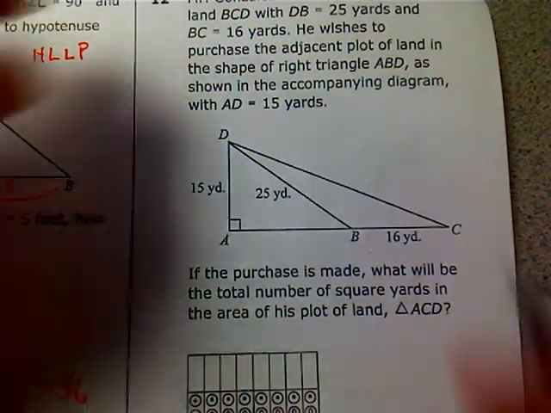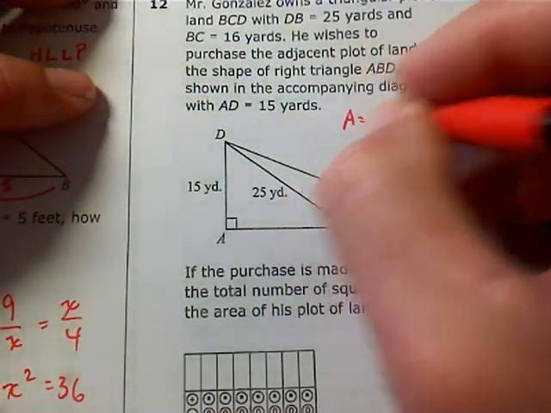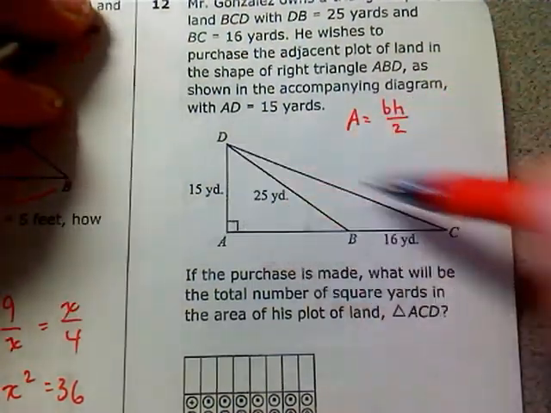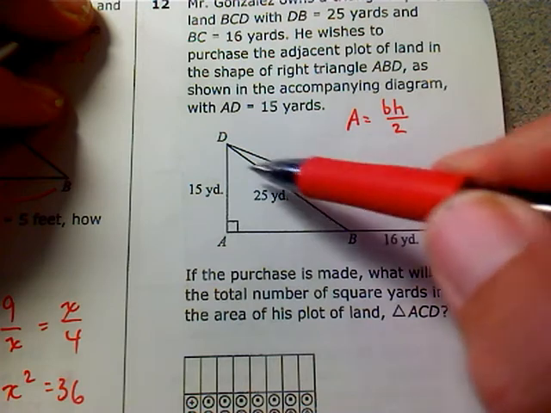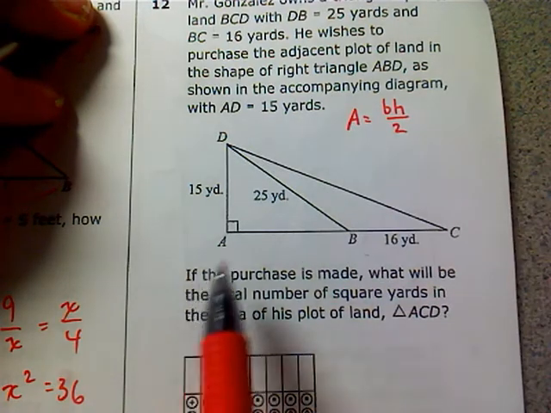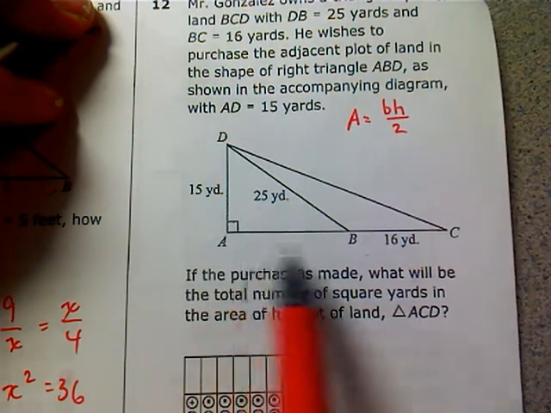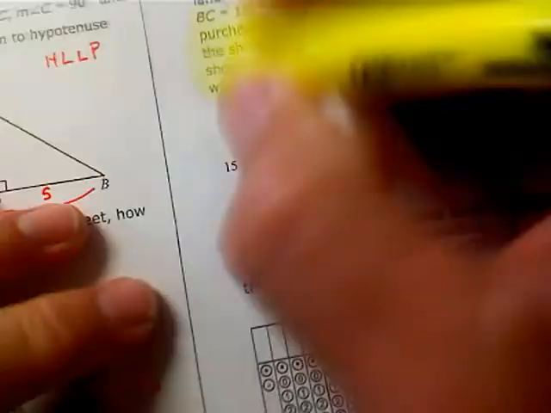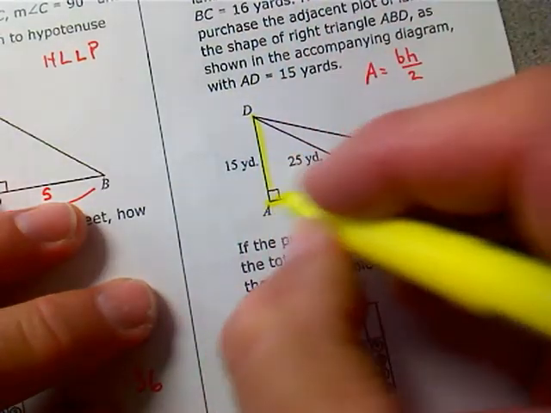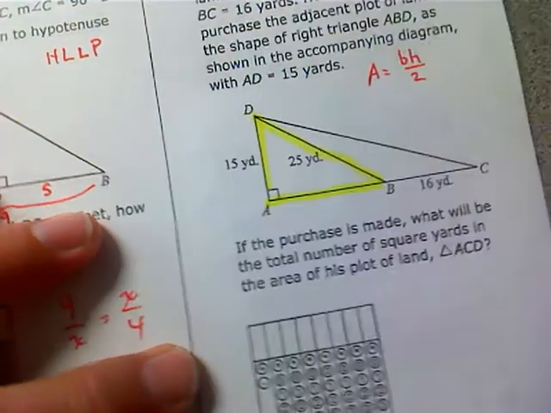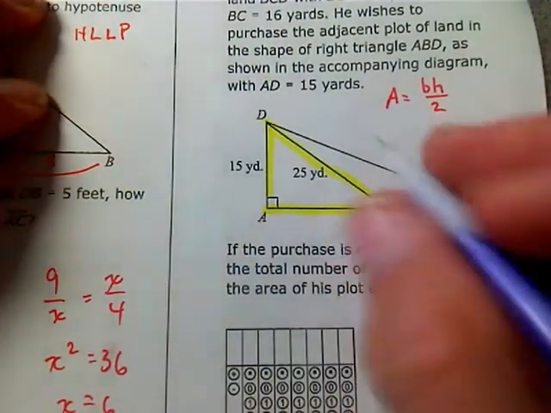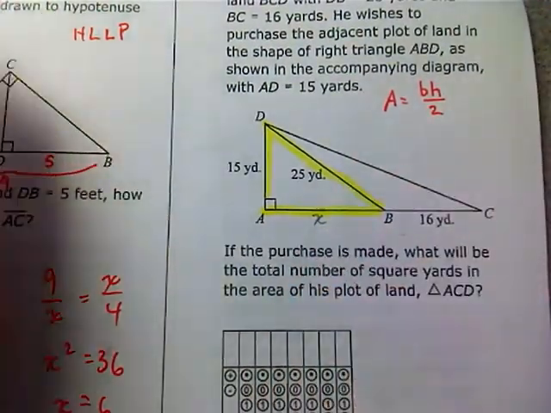Okay, so I want to find the area, and I remember the area of a triangle is base times height divided by 2. Well, I want to find this whole area here. I know the height is 15. I don't know what the base is because I'm not sure what this is right here. But I can tell that this is a right triangle. So that means that I can figure this side out here with the Pythagorean theorem.